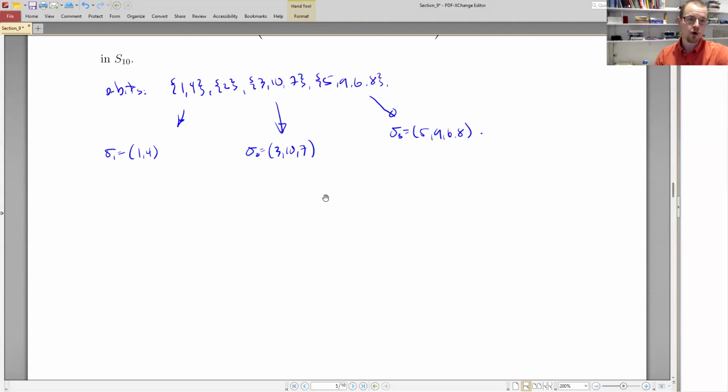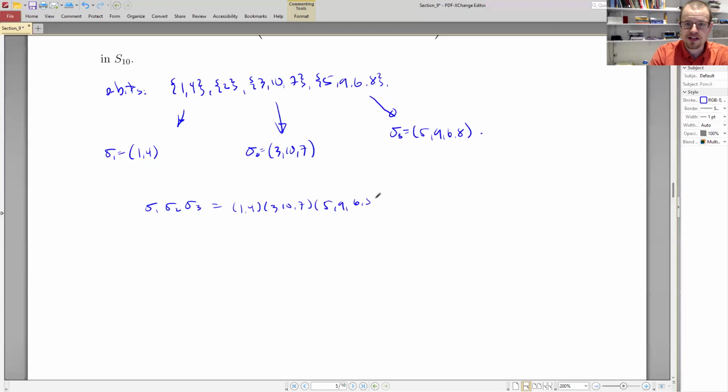But if I were to compose them as sigma 1 composed with sigma 2 composed with sigma 3, technically it's sigma 3 composed with sigma 2 composed with sigma 1, because we compose from right to left. Each of these is represented exactly by (1 4), (3 10 7), and (5 9 6 8).